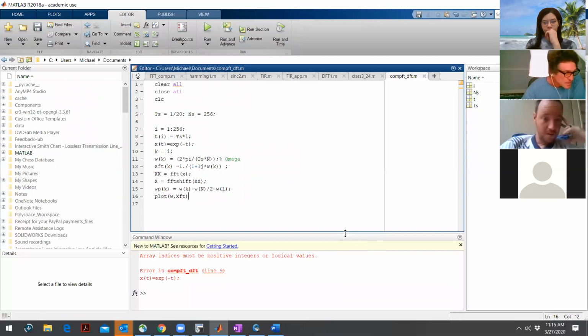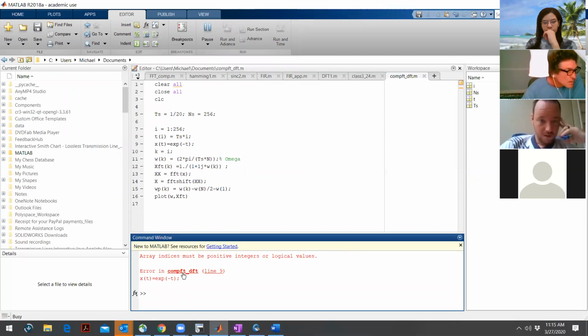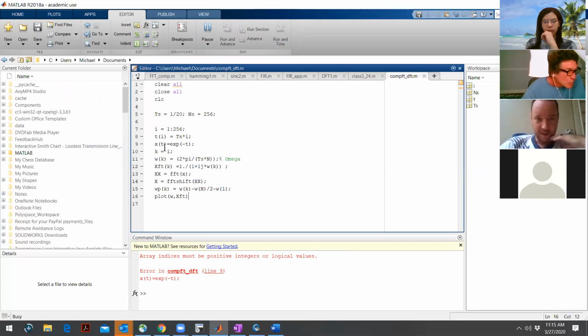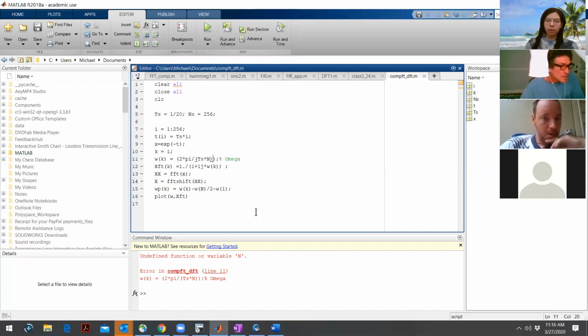It sounds like I got a problem. I think you're missing a space. No, this has to be in. Yeah, this has to just be X. My bad. And line 11, I think you missed the I N right here. And you haven't defined the variable N, you've only defined NS.